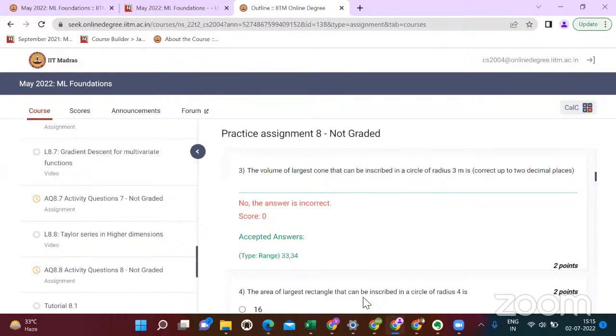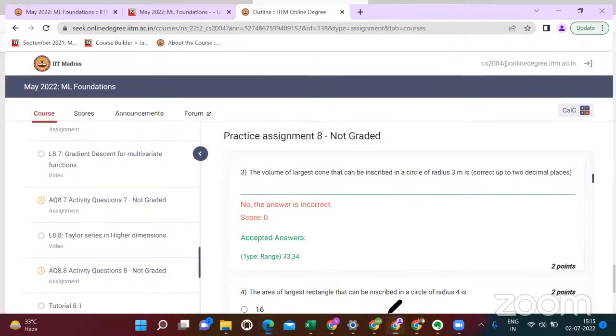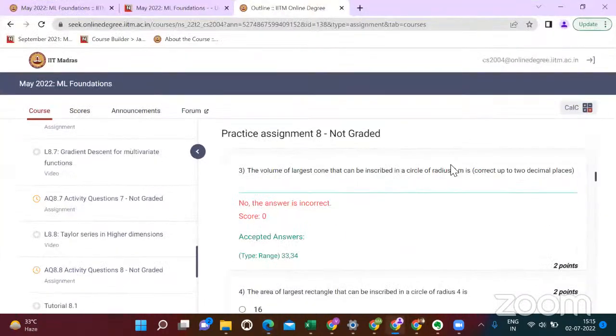Yes, the solution is there. So what was the question? The volume of the largest cone that can be inscribed in a circle. This should not be a circle, I guess. Sorry, it should be a sphere. It's an error in the question.